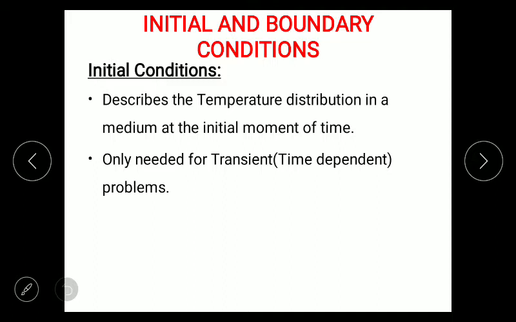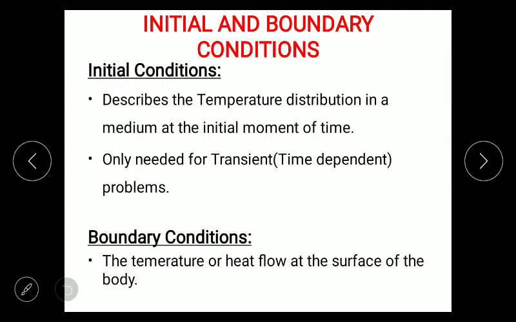The boundary conditions give us the temperature details at the surface of the body. Every body consists of surfaces, and at any surface, what is the temperature possessed by the body is given by the boundary conditions, and these boundary conditions are helpful for solving the heat transfer process in steady state.